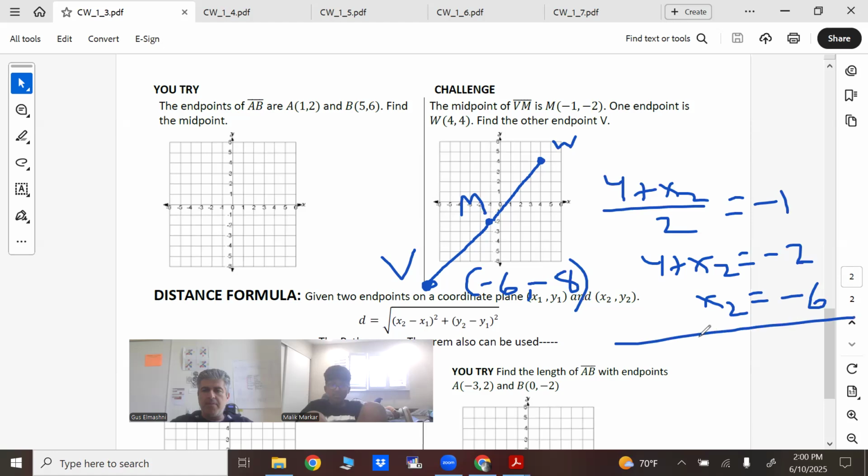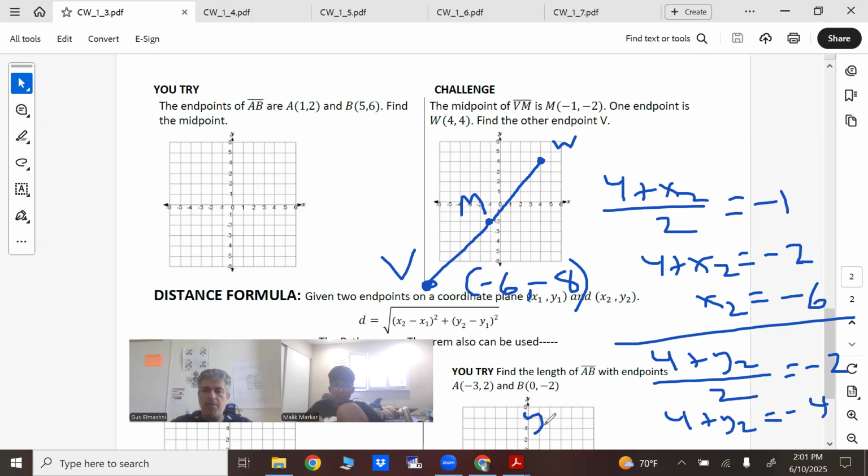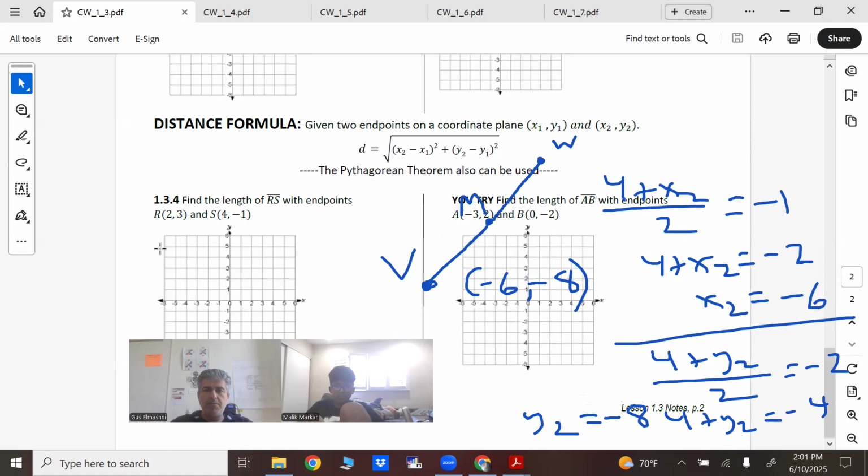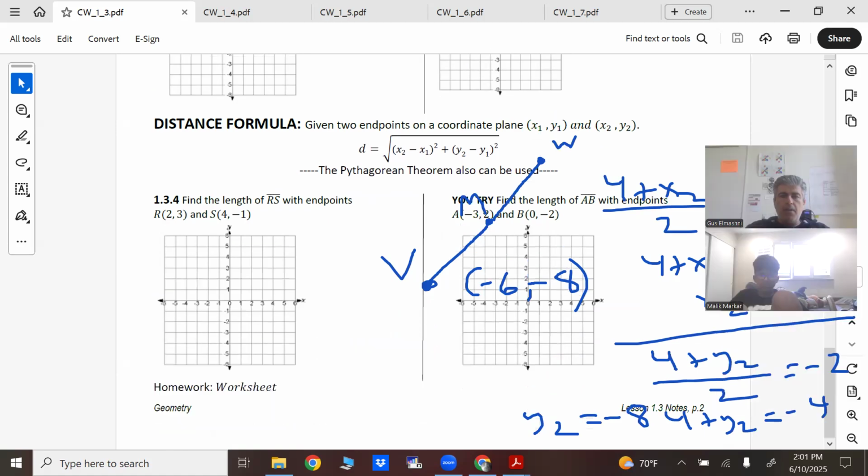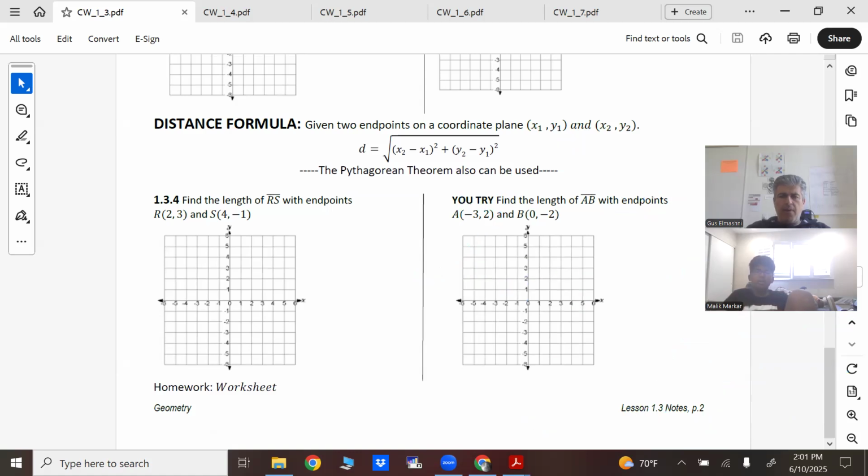Or also could do this: 4 plus y2 will be -8. Then find the length of RS.